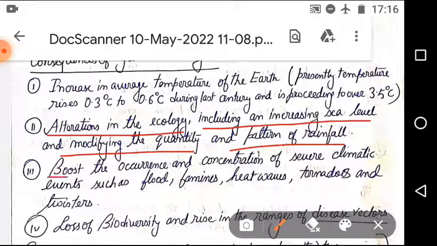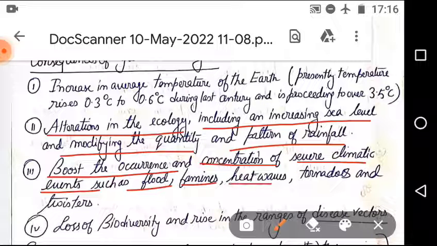It boosts the occurrence and concentration of several climatic events like floods, famines, heat waves, tornadoes, twisters, and even cyclones.